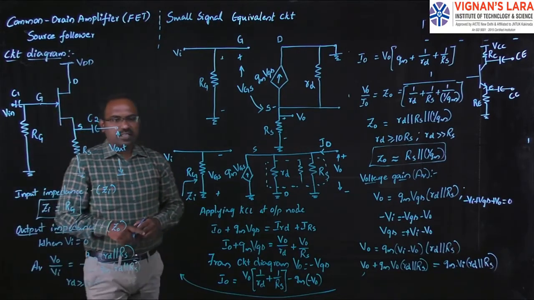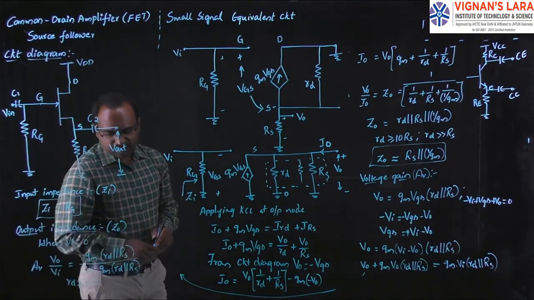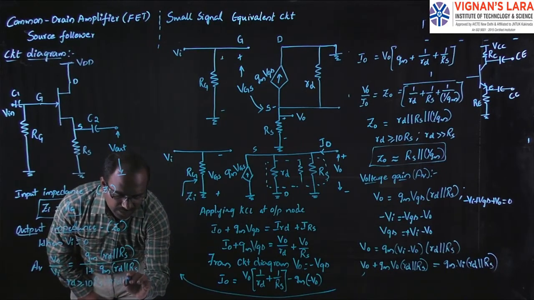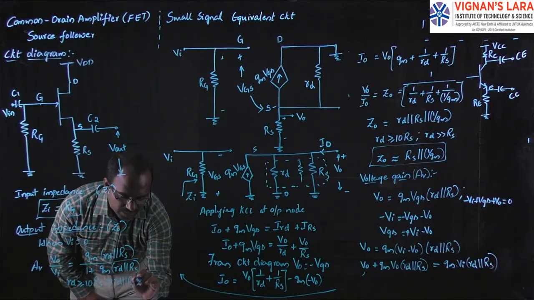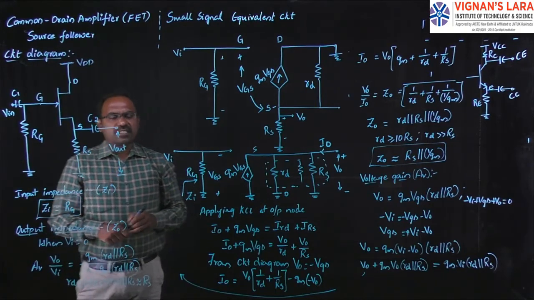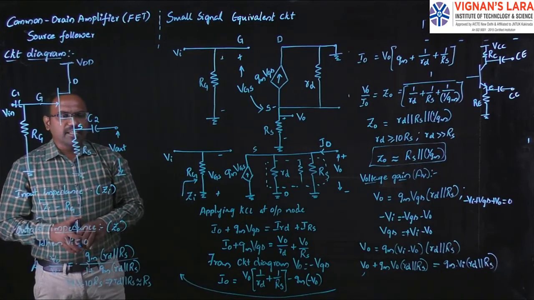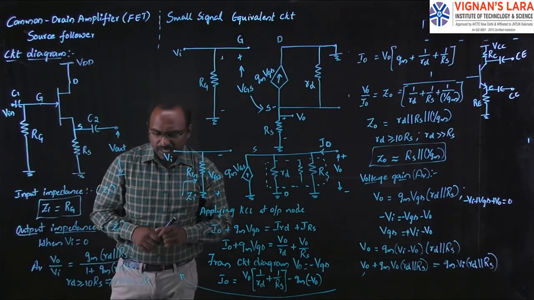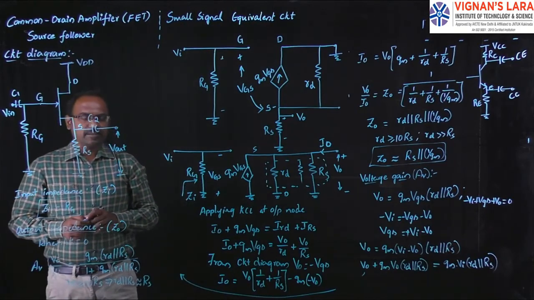That means Rd parallel with Rs is approximately equal to Rs. Why? Because when a higher resistance value is connected in parallel with a smaller resistance value, generally the higher resistance value can be neglected.